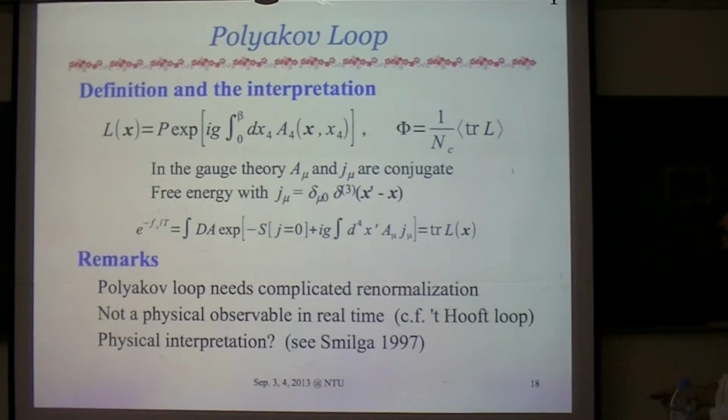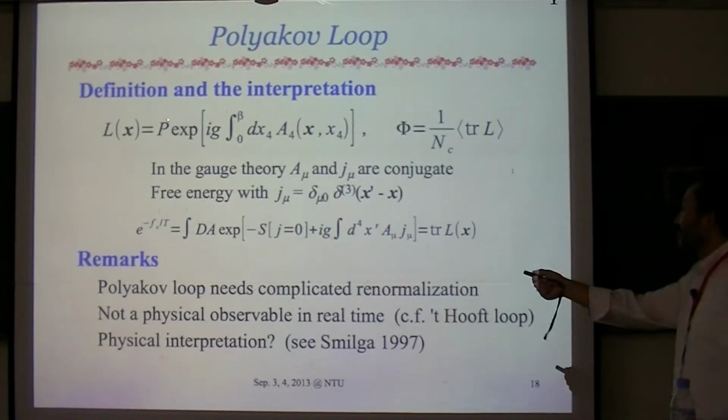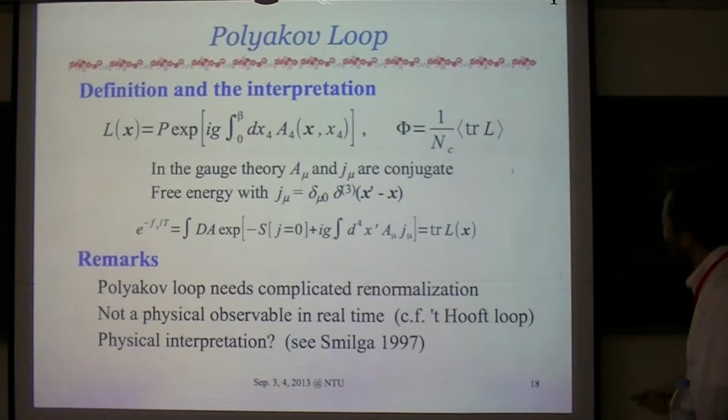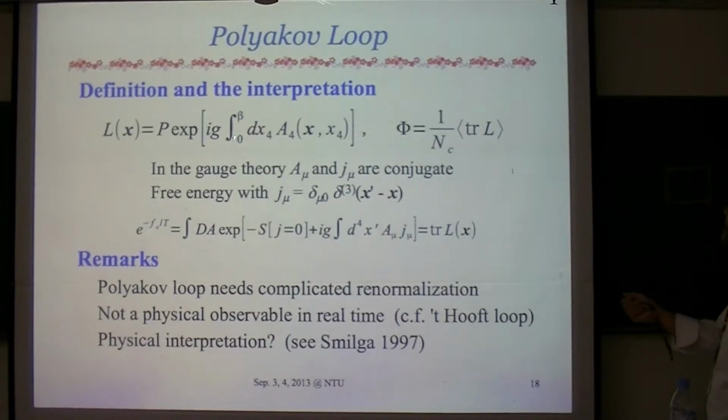So this expectation value corresponds to the energy difference associated with the presence of this source, namely the test quark. And so this is the Wilson line along the temporal direction, or the fourth direction of the coordinate, from 0 to beta. Beta is 1 over T.